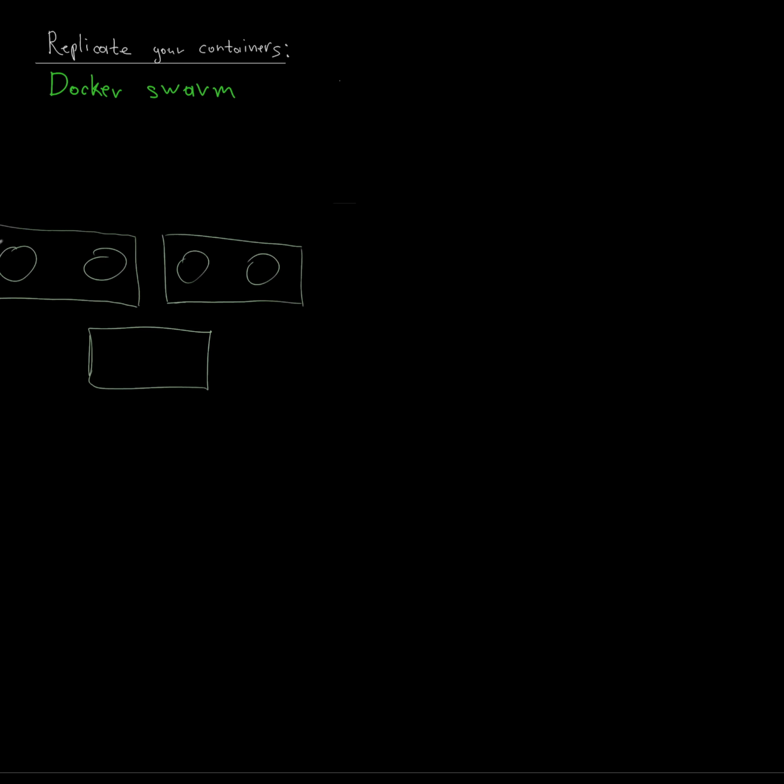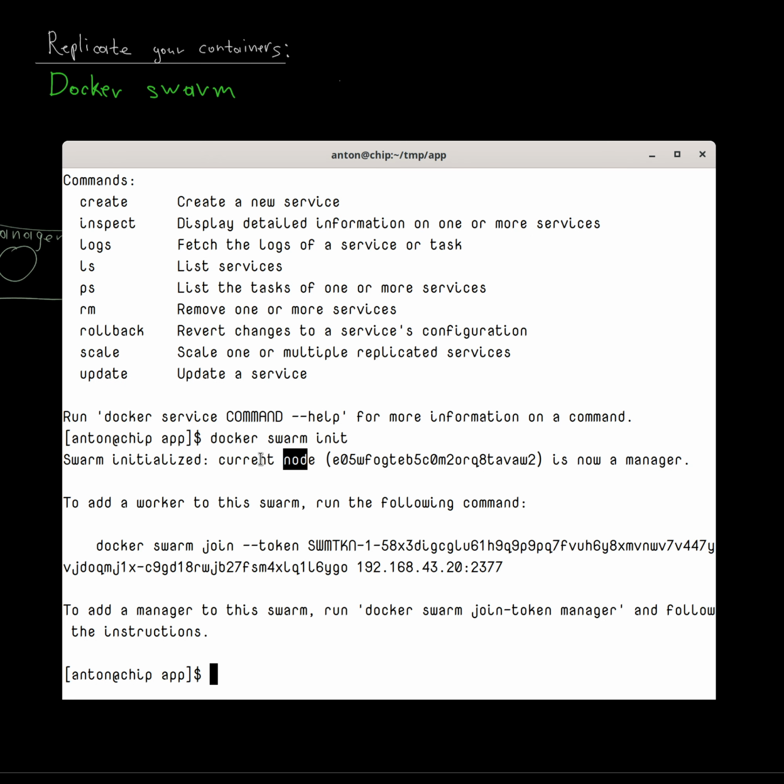This is the first node that is responsible for all the interactions and for scheduling, etc. This is a manager node, and you create a manager node with the docker swarm init command, and our current computer is a manager now.